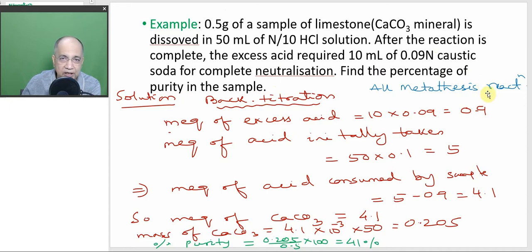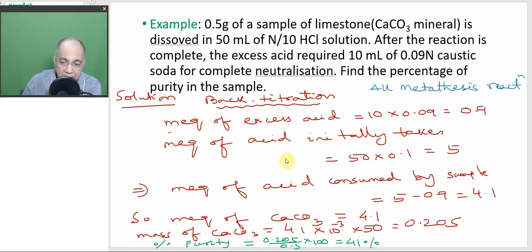Since all reactions are metathesis, let's start from back titration. Now 10 into 0.09 is the milliequivalents of excess acid, because that is the milliequivalents of NaOH consumed. So that must be equal to the milliequivalents of excess acid.